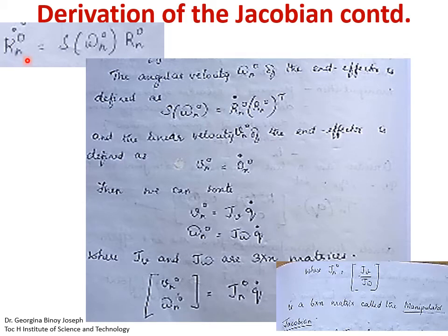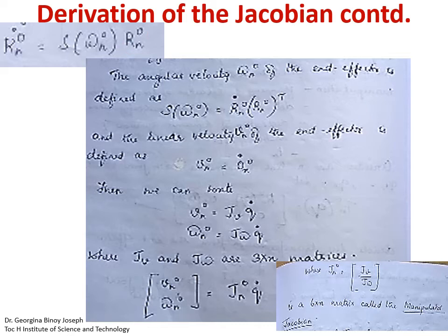We had seen in part 1 of velocity kinematics that the time derivative of the rotation matrix, that is Rn0 dot, can be expressed as the skew symmetric matrix of the angular velocity times the same rotation matrix. So using that result, we can write the angular velocity omega n0 of the end effector at the end of the manipulator as S(omega n0) equals Rn0 dot into Rn0 transpose.